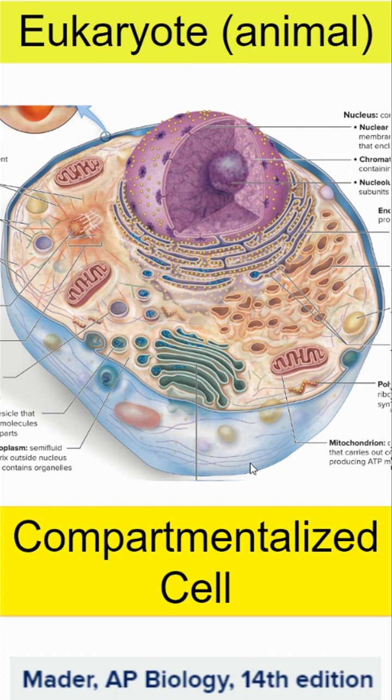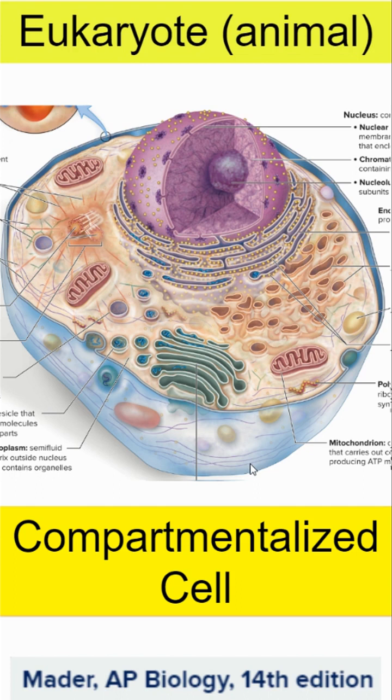And that cholesterol is a precursor to steroid hormones. So your testes would also have a higher proportion of smooth ER because they are going to make the steroid hormone and synthesize testosterone.